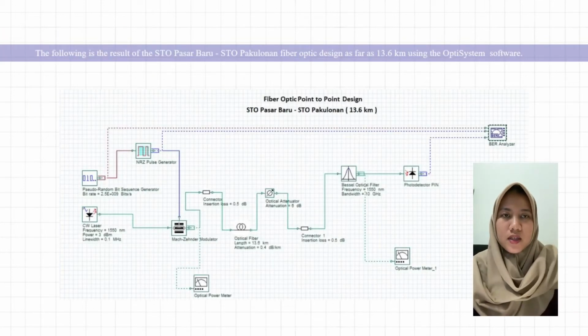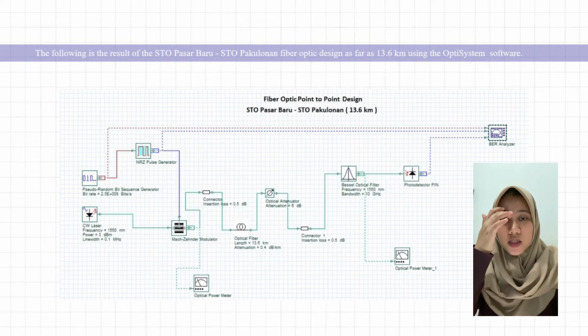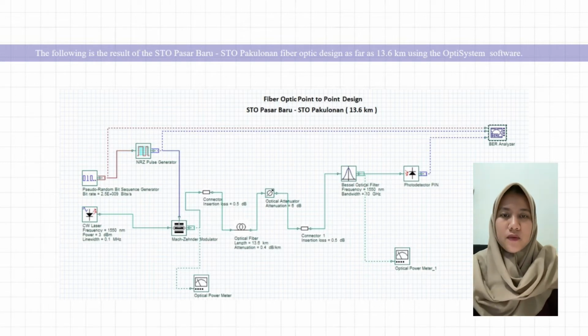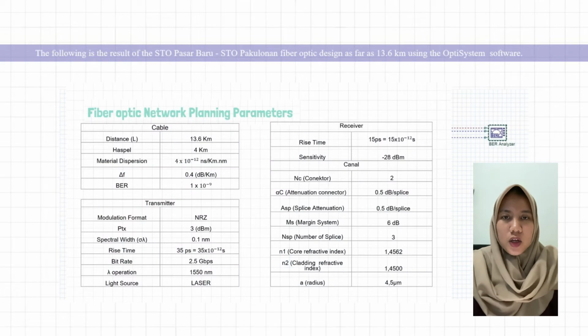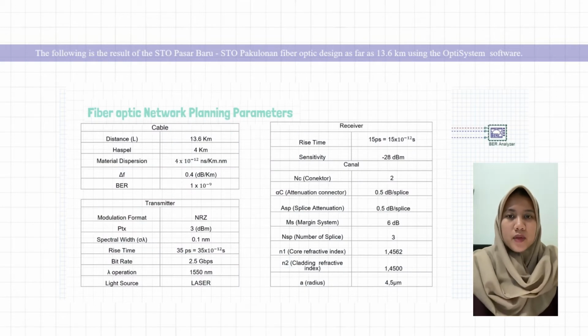In this system simulation, the performance of the system can be seen from several parameters related to the data transmission process, such as the parameters on the transmitter, fiber optic cable, receiver, and channel.